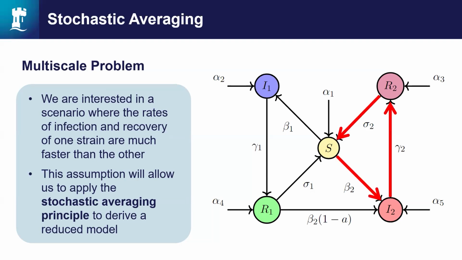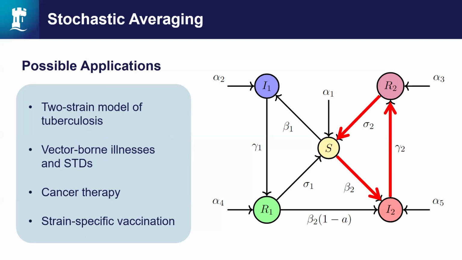Okay, so in this case, just arbitrarily, I'm going to pick the second one. So my big red arrow just means that is my really fast strain. Okay, by assuming that one is much faster than the other, we can then implement this model reduction technique called the stochastic averaging principle in order to give us a reduced model.